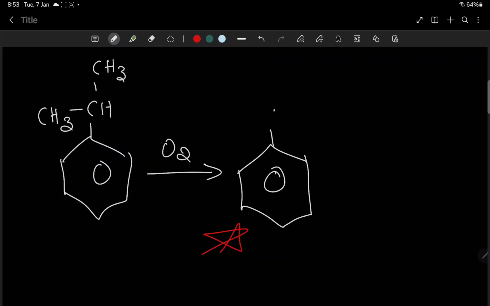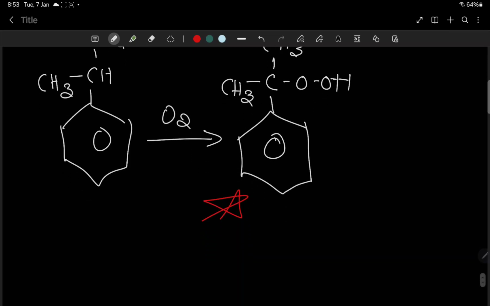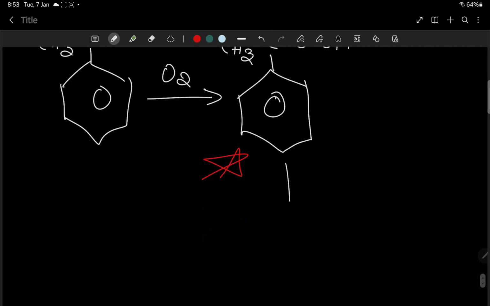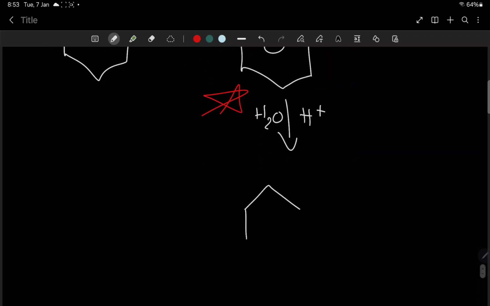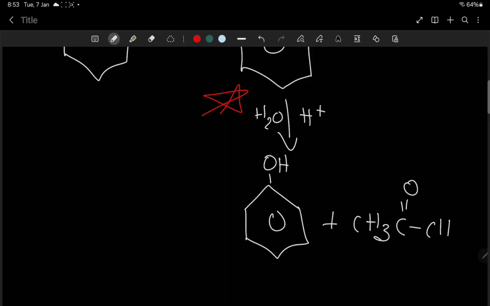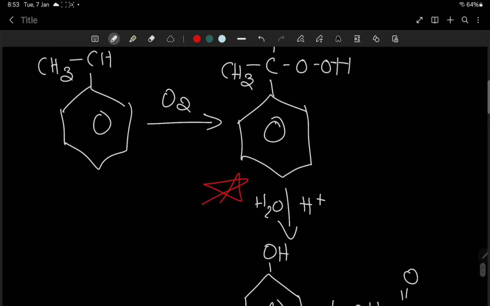That is COOH, CH3. Into this add acid and water, we get OH plus CH3, C double bond O, CH3, aldehyde and acid.